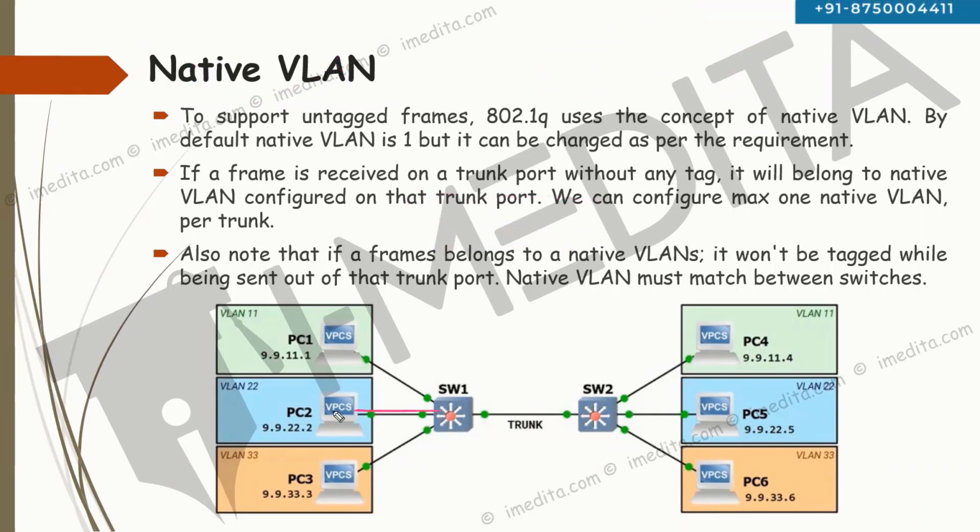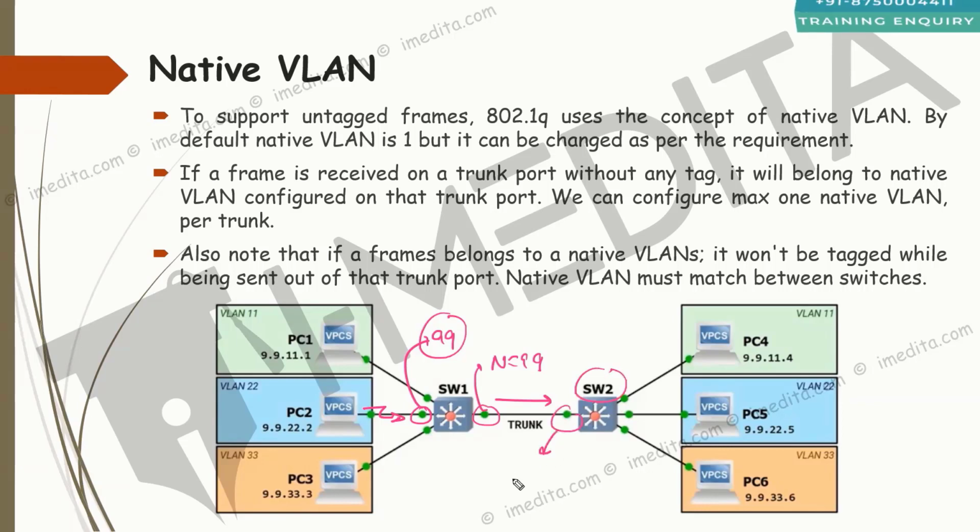There is an IP phone connected here. I want, when this IP phone sends the traffic, that traffic to pass out of this trunk link towards the other switch without any tag. So I will configure this IP phone maybe in VLAN 99, and I will configure that VLAN 99 as native here. So when the traffic arrives onto this port, traffic belongs to VLAN 99. It will be sent untagged out of the trunk link towards the neighboring switch.